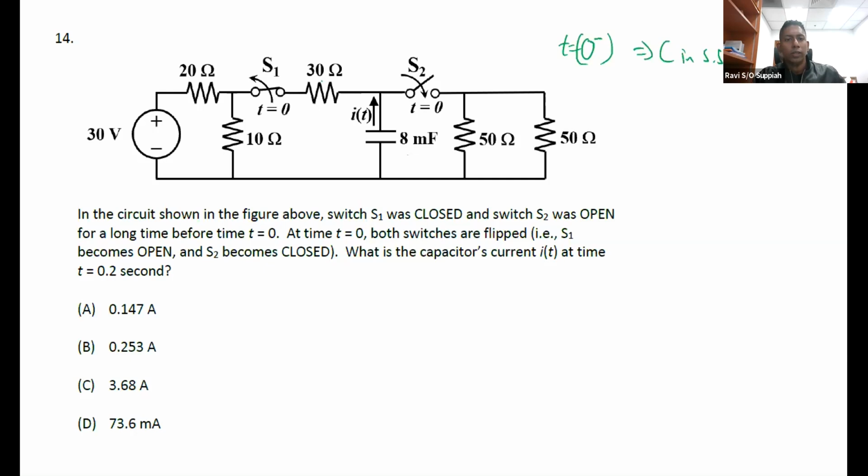Okay, so the equivalent voltage that is here is the voltage that you see from this part of the circuit if I redraw it this way.